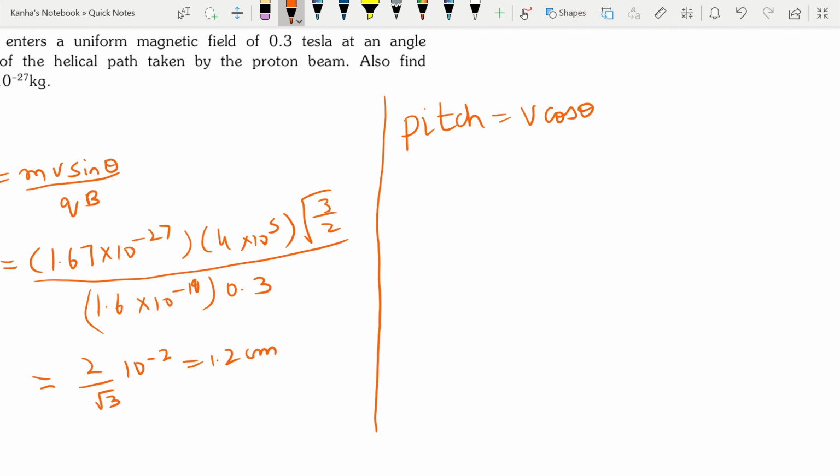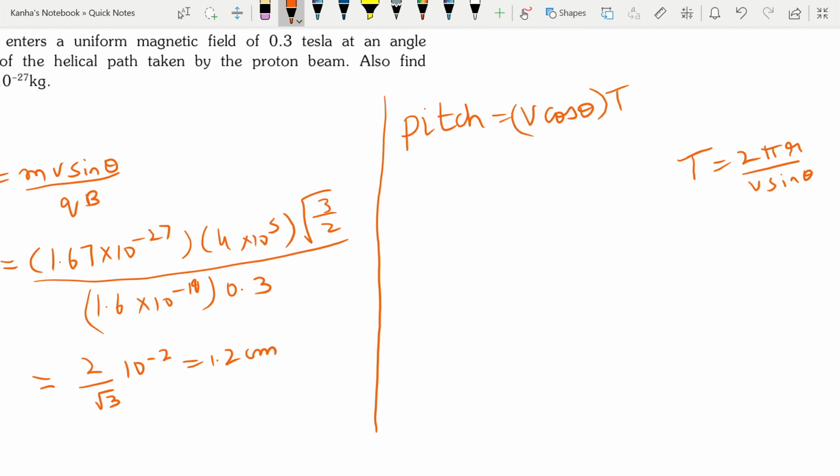Pitch will be given by v cos theta times T, and we know that T is equal to 2 pi r by v sin theta.